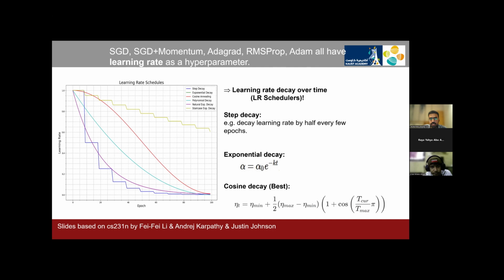At the very beginning, it has a slow decrease, and then it decreases a lot faster. It becomes very steep, and then at the end, once again, it reaches a slow decrease. So the behavior is quite close to what we actually want our learning rate to look like. That's why cosine performs the best, or that's why we say that it is the best.